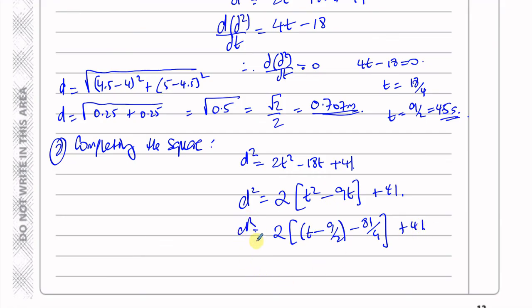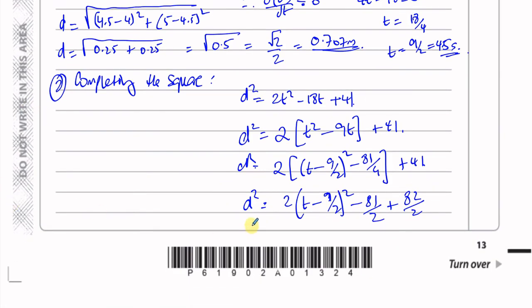So that's d squared equals 2 times the bracket t minus 9 over 2, squared, that's a squared bracket, minus, and I've got 2 times minus 81 over 4, which is minus 81 over 2. I've got plus 41, and I have to add this to this, so I'm going to make this 82 over 2, because now they have to be added together.